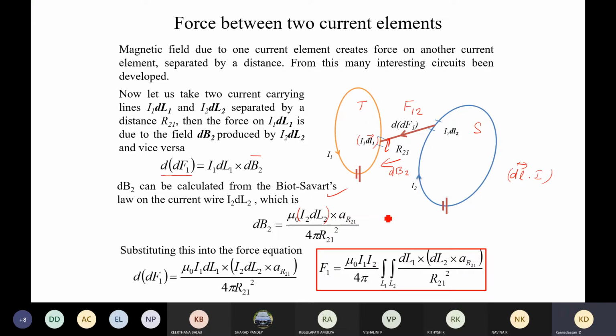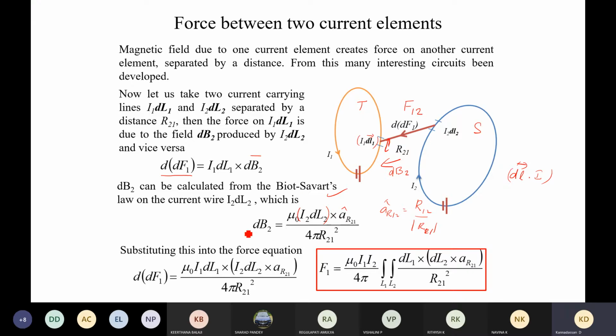Here you can substitute the unit vector a_R12, which can be written as the R vector divided by the magnitude of R, where this R vector is nothing but the line joining vector between these two small current elements. This will keep on changing, so R21 is the variable. All the remaining elements are stationary in that particular place itself.